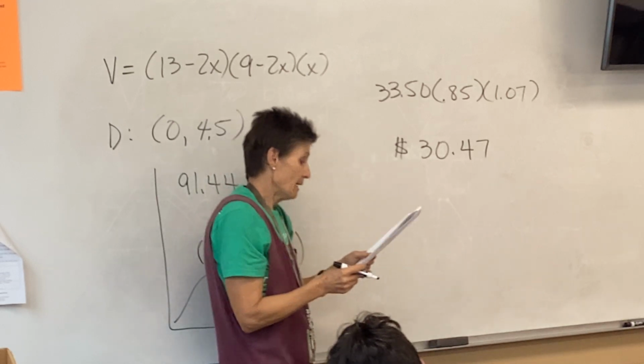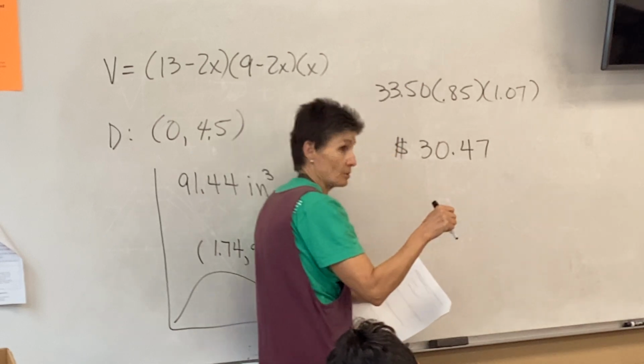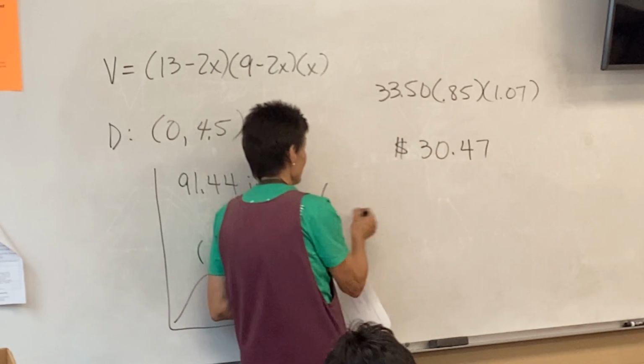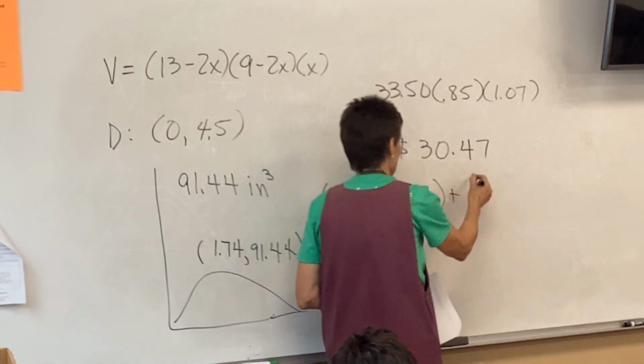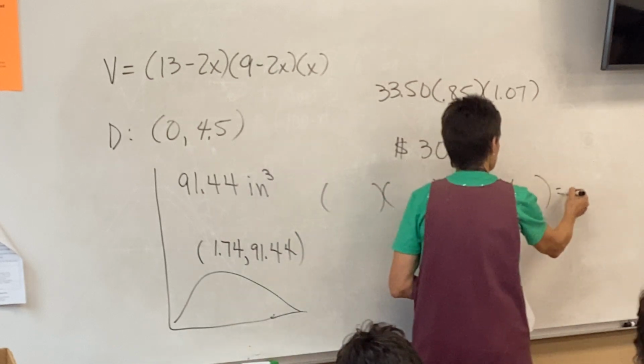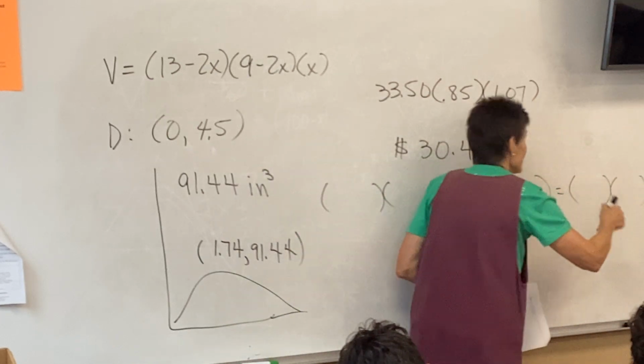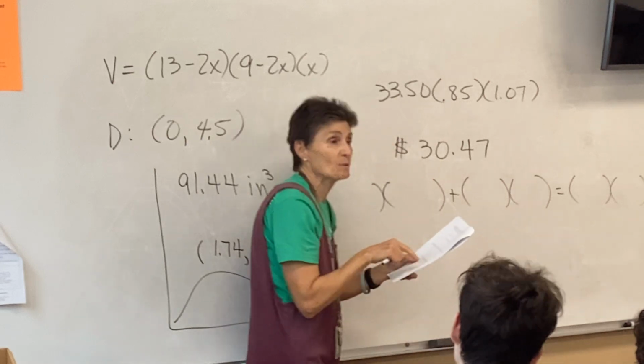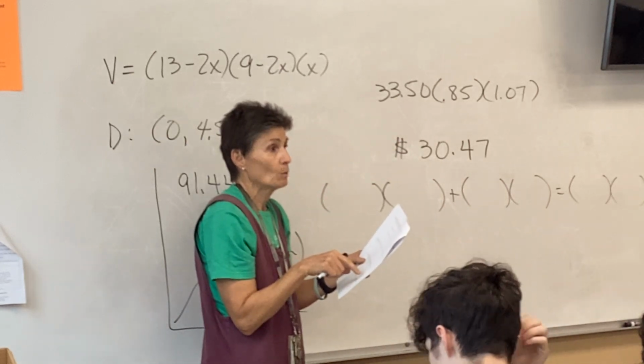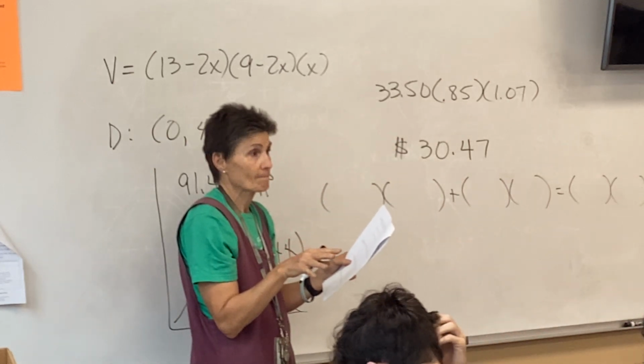Okay. Next one is one we just started talking about today. We have an amount times a percent equal to an amount times a percent. Does everybody recognize that's what's going on in number 4? We are mixing.